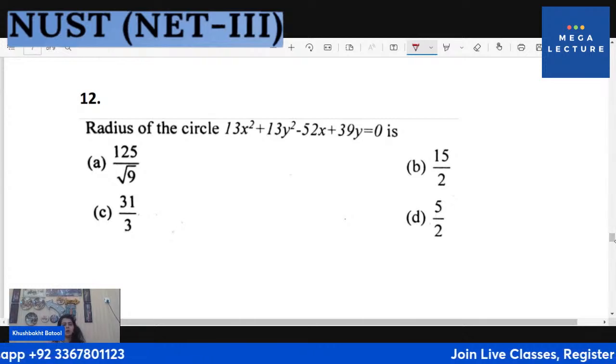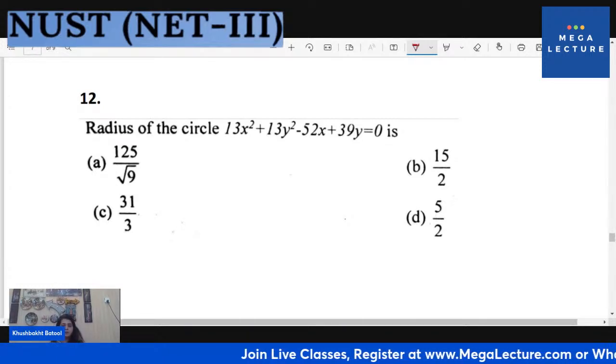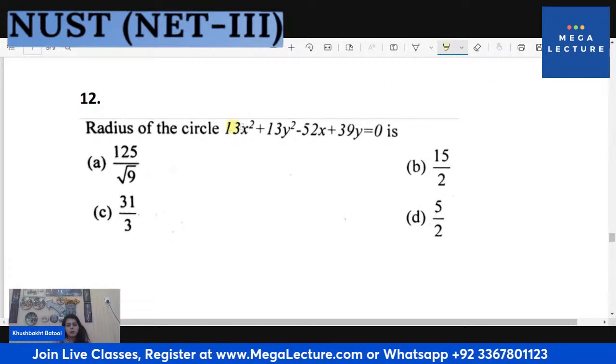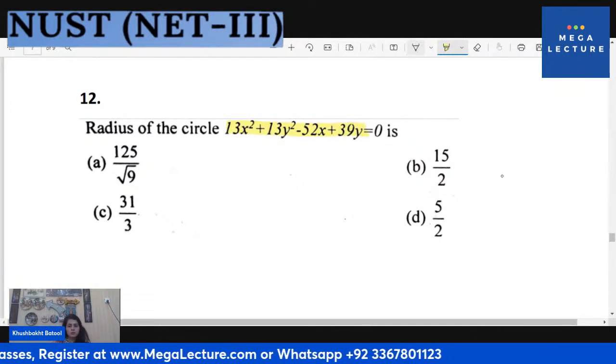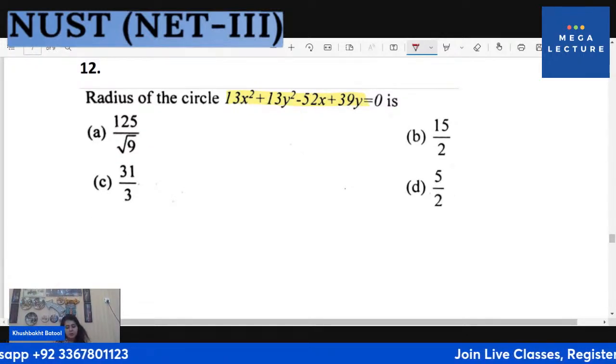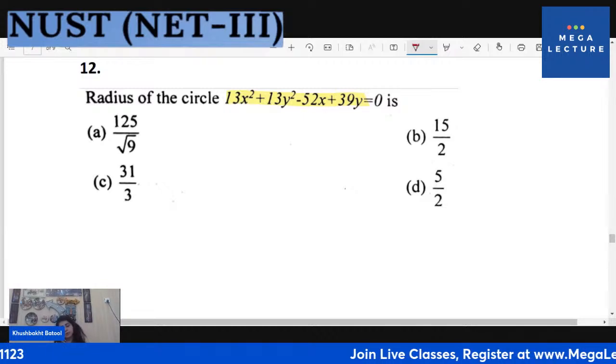Okay. Now the 12th question says radius of the circle. Now we have an equation of a circle which is not in the general form. So I'm not sure if I would be able to find the radius directly.